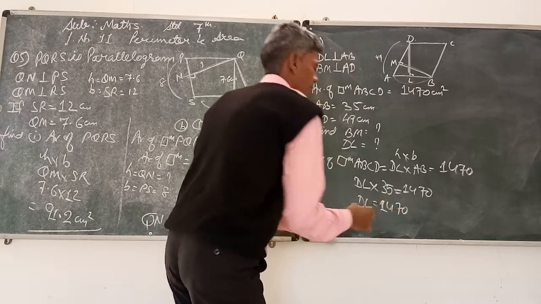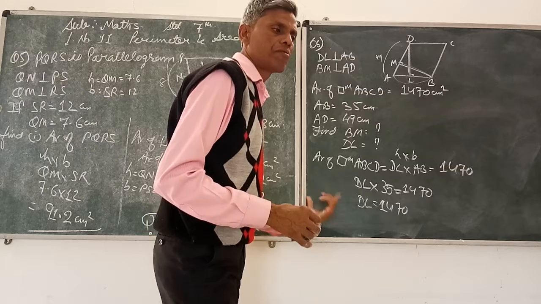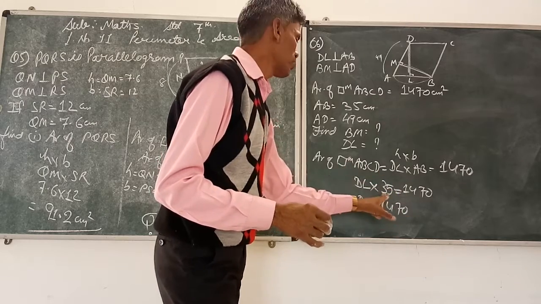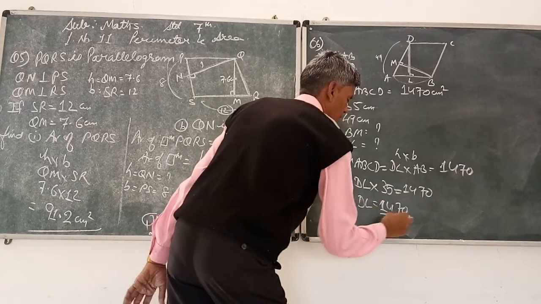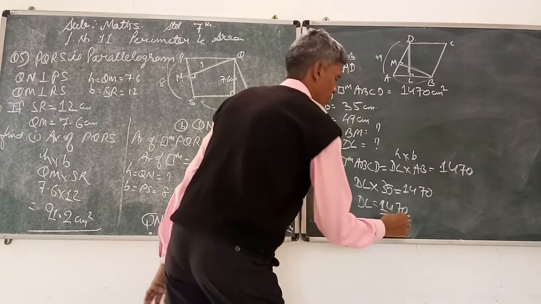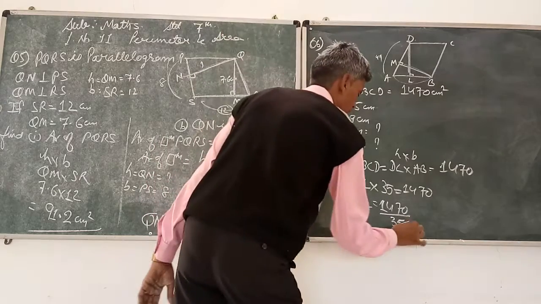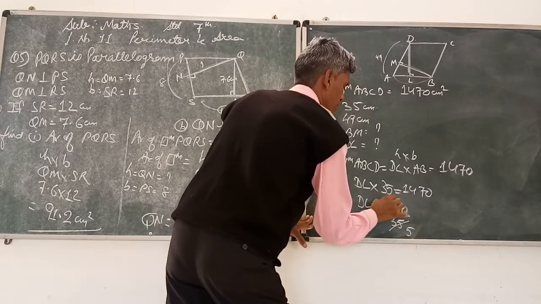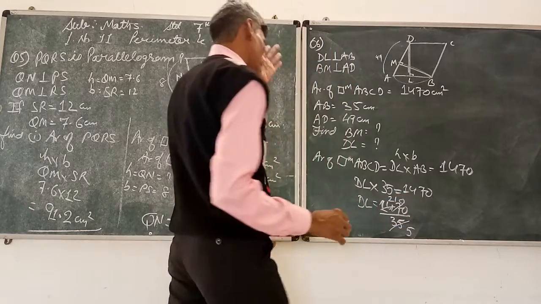So DL is equal to 1470 upon 35. 35 is in multiplication form on the left hand side. You have to take this 35 on the other side, so multiply will become division, and you write 35 as a denominator. Now 35 comes in the 7 table: 7 fives are 35, 7 twos are 14, 7 ones are 7 and 0. That means 210 upon 5.